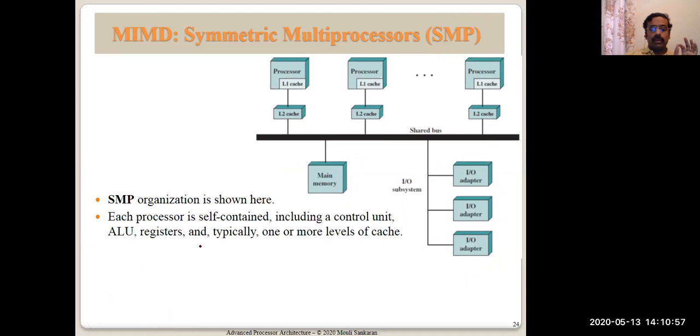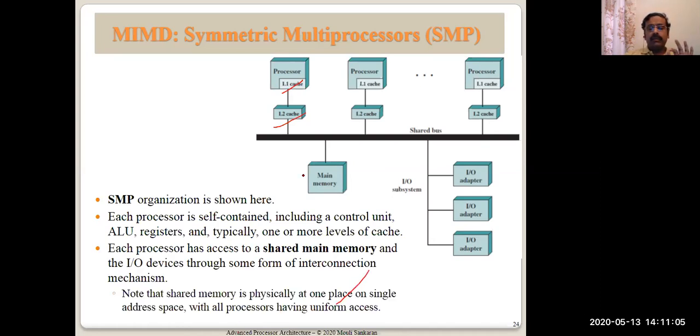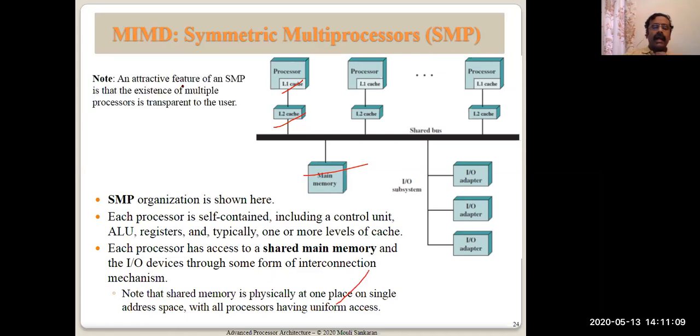They have their own ALUs, their own registers, their own cache, individual CPUs. They share a memory, physically in one place. Okay, very clear. An attractive feature of SMP is that the existence of multiple processors is transparent to the user. What I mean by transparent is, suppose an operating system is running.